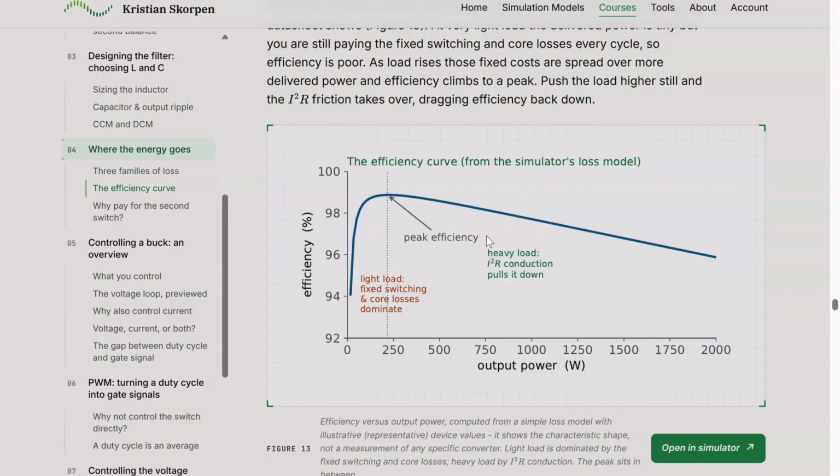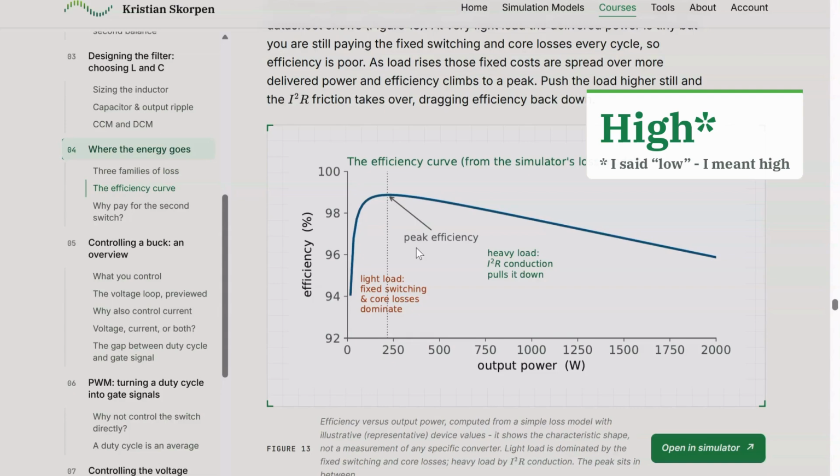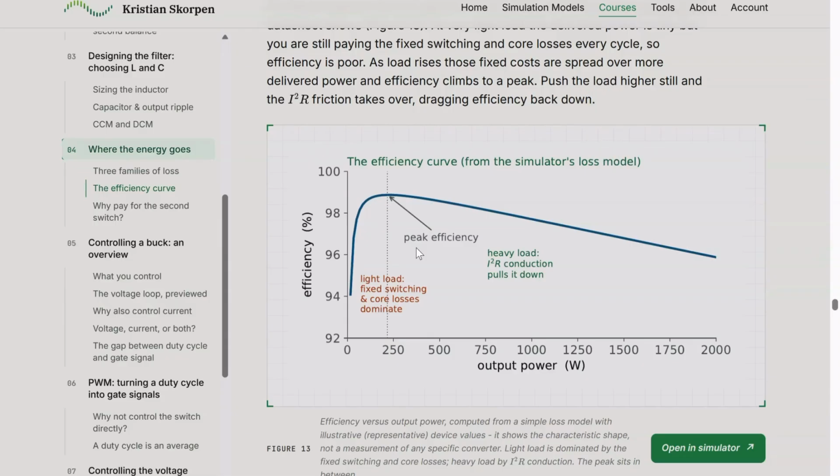And the reason why we actually care about efficiency is mostly because losses generate heat. The more heat the converter produces, the more heat we need to extract from the converter. So it is beneficial to have as high an efficiency as possible, so that we reduce the wear on the components and also reduce the power we need to spend on getting the heat out of the system.